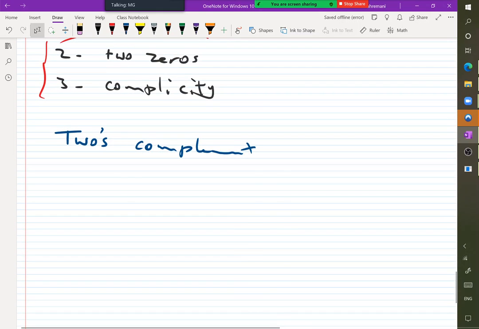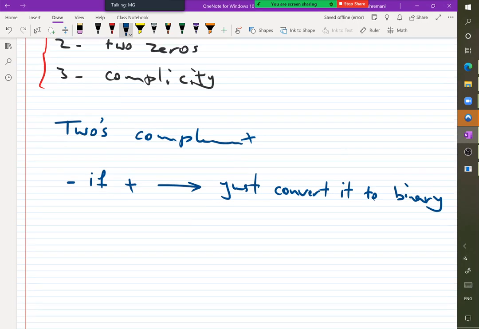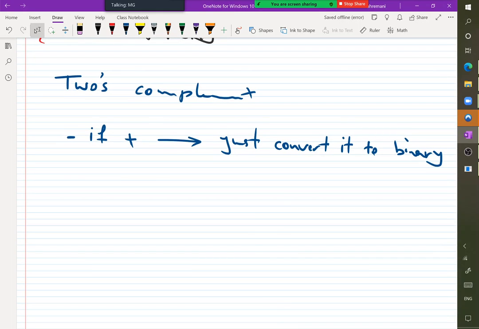Okay, two's complement. So if the number is positive, just convert it to binary. So nothing, just positive number is positive. So sign magnitude, one's complement, two's complement, all of them, positive numbers are the same. Okay, so if the number is positive, two's complement is similar to sign magnitude and one's complement.